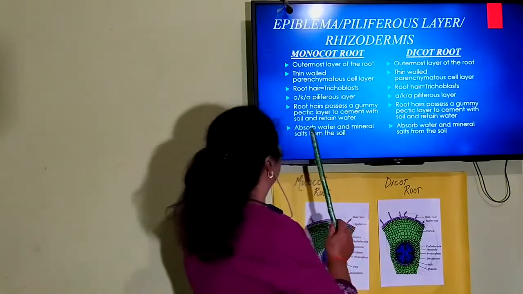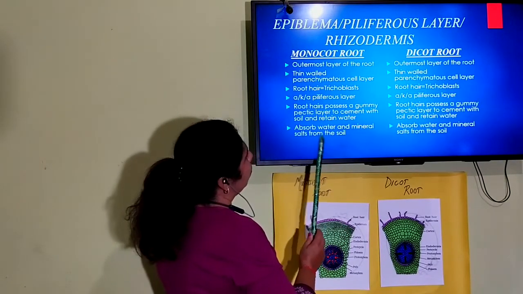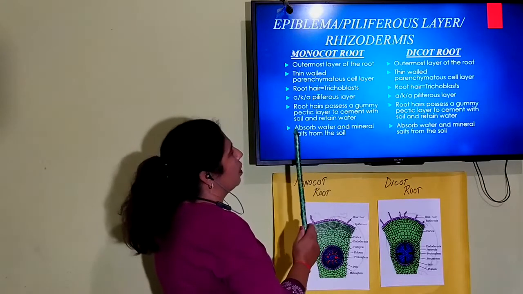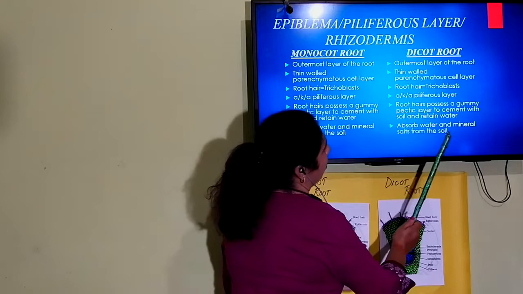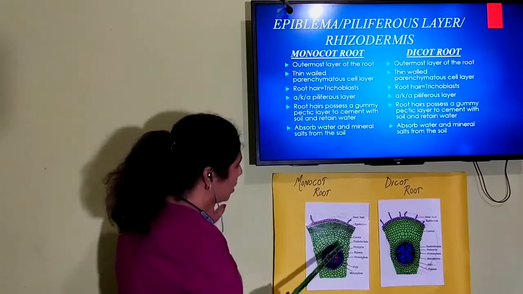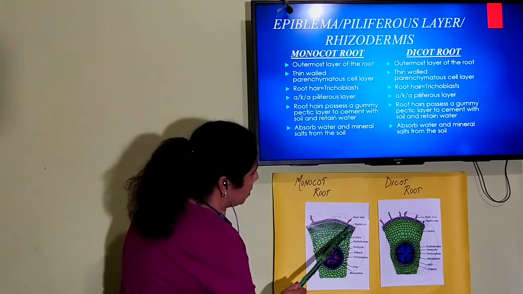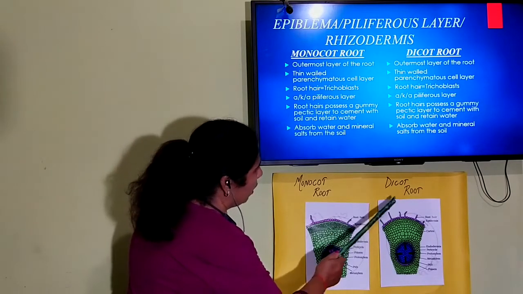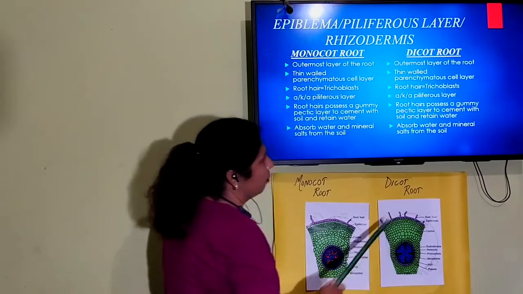Its function is to absorb mineral salts and water from the soil. Here you can see in the anatomical structure, it's an epidermis bearing root hairs. Similarly in the dicot root, it is epidermis having root hairs.